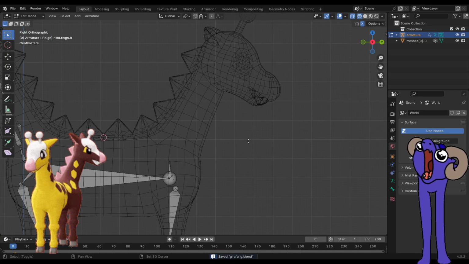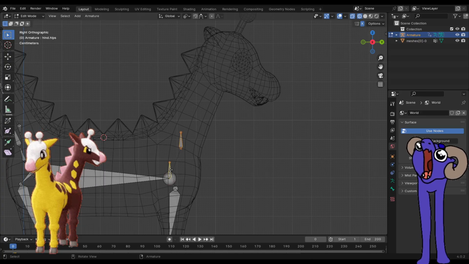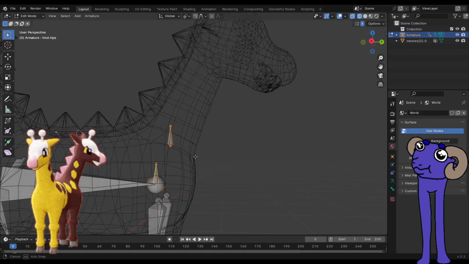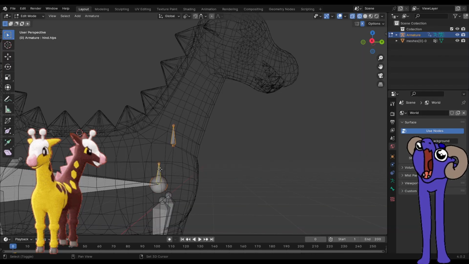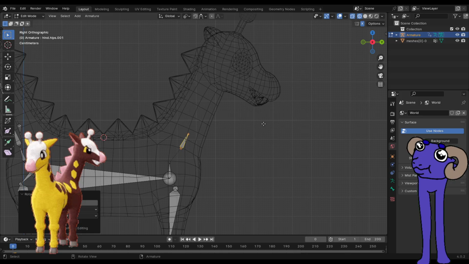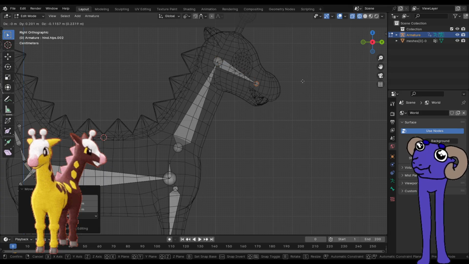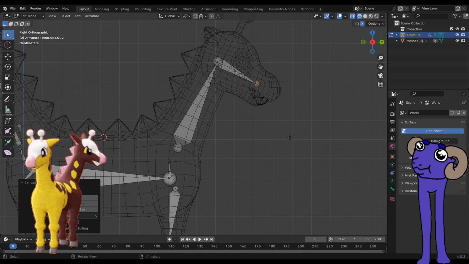Oh yeah, I also still need this bit. So if I grab you and grab you, I want to parent keep offset, because I need to make this head able to turn.